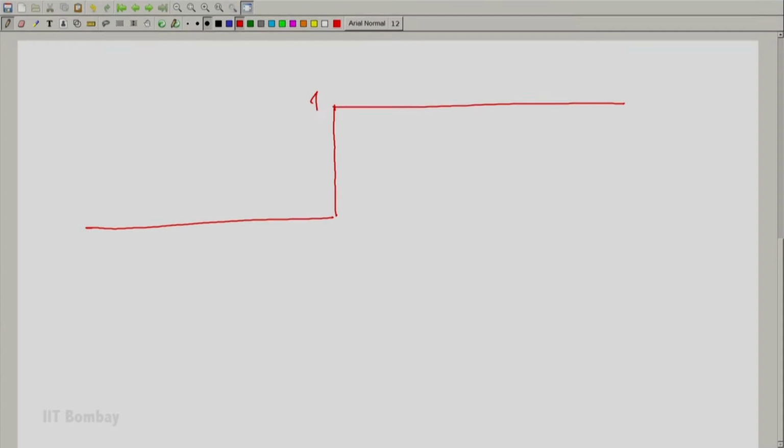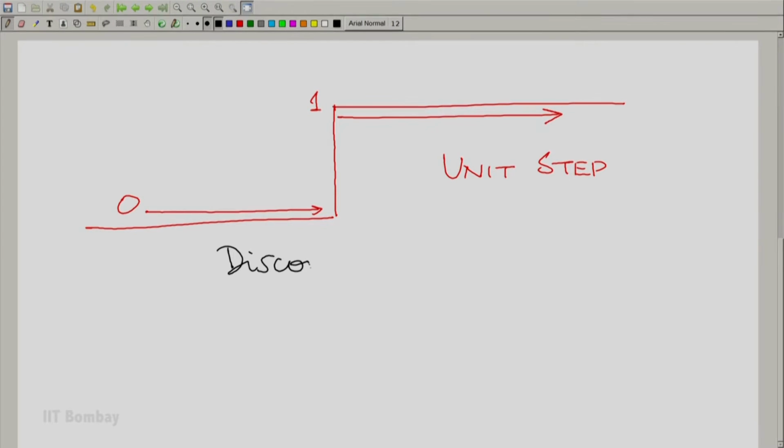Let us draw it. 0 all the way from minus infinity up to this point and 1 from this point onwards. That is the unit step. And we have agreed that this is discontinuous at an isolated point.